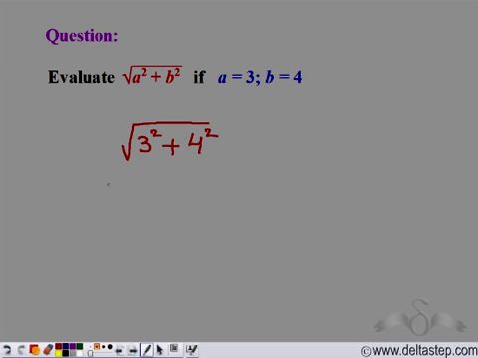So we have 3 square is 9. 4 square is 16. So this is root over 9 plus 16, 25. What is root over 25? It is 5. So the value of this expression when a is equal to 3 and b is equal to 4 is 5.